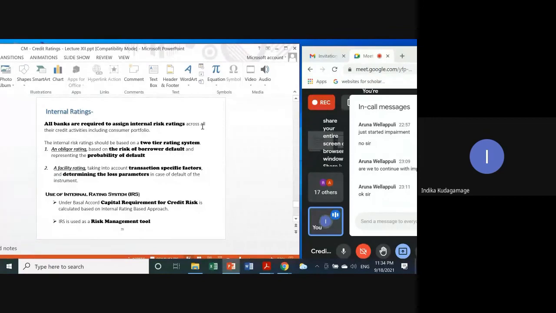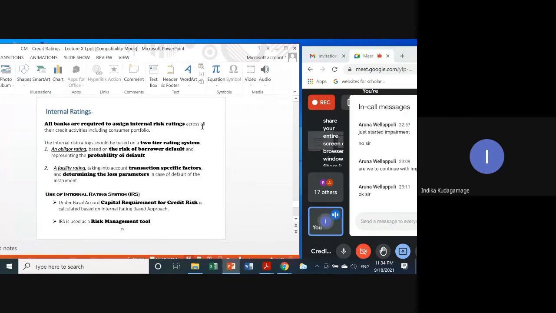Use of the internal rating: I think next week we are starting risk, and we will talk about Basel. Capital allocation will require a rating for each customer. Capital allocation is based on rating. And this is a risk management tool. Why?